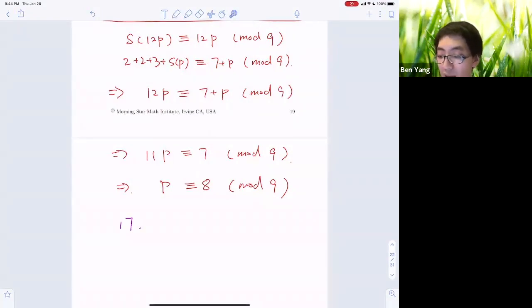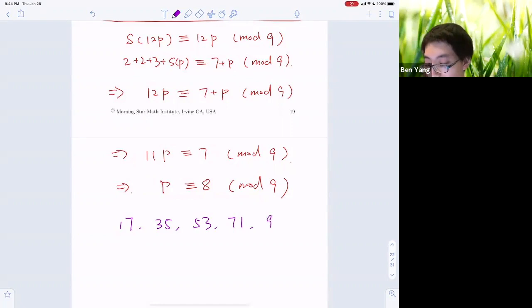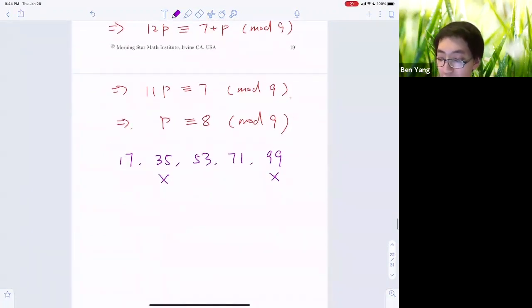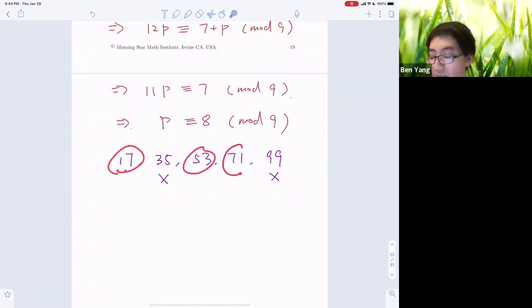Then we add 9, we get 26, but we can skip all of the even numbers, so we can directly add 18. So we have 35, then 53, then 71, and then 99. Of course, 35 is not a prime number, 99 is not a prime number. So we're left with 3 candidates: 17, 53, and 71.